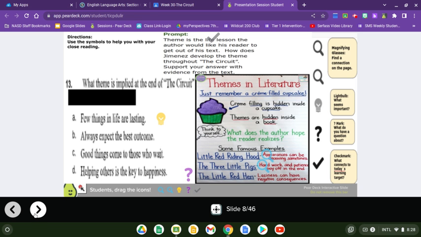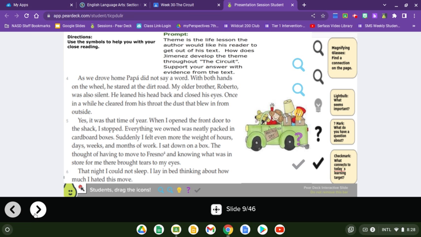Slide 9. As we drove home, Papa did not say a word. With both hands on the wheel, he stared at the dirt road. My older brother, Roberto, was also silent. He leaned his head back and closed his eyes. Once in a while, he cleared from his throat the dust that blew in from outside. Yes, it was that time of year. When I opened the front door to the shack, I stopped.